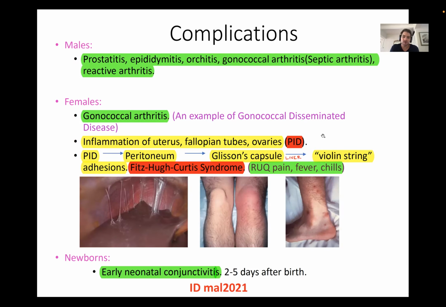Pelvic inflammatory disease can often lead to ectopic pregnancies in the fallopian tubes if there's scarring there. And you can even go into this Fitz-Hugh-Curtis syndrome where you get right upper quadrant pain, fever, and chills with it. This does look familiar. I believe this does come up, so be sure to know that one.